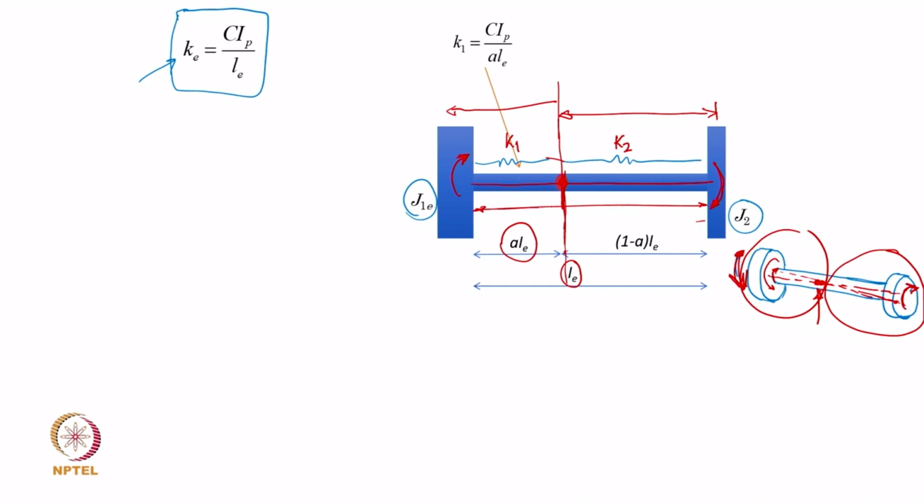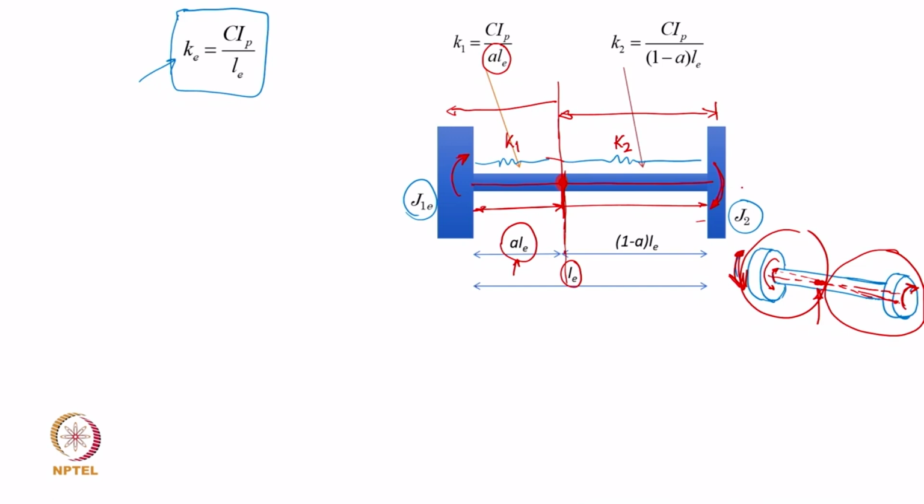Now, the length of this part of the shaft is already assumed as ALE, so ALE is taken for denoting the stiffness of this part of the shaft. The remaining part of the shaft is K2, so that spring has CIP upon 1 minus A times LE, the length of this part of the shaft.